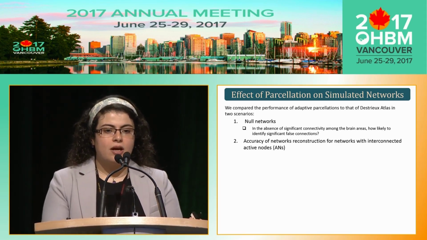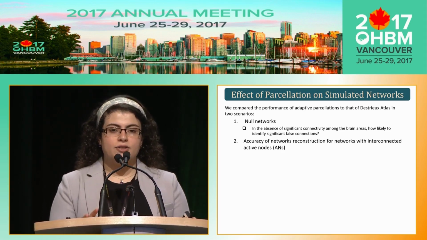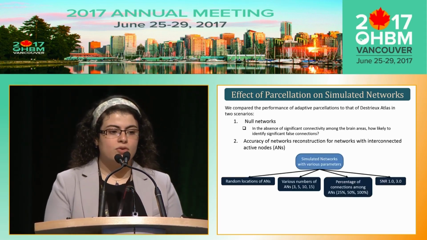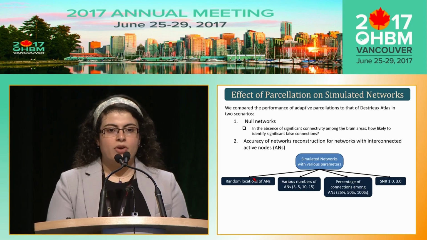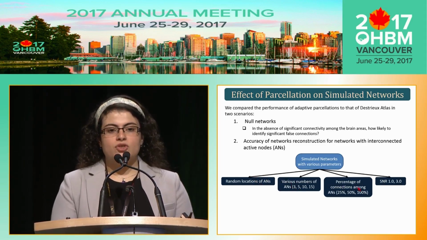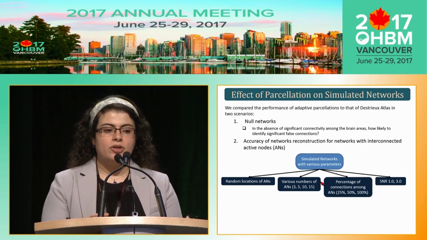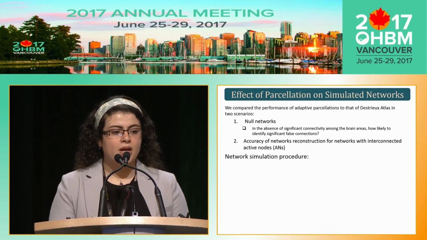In a second set of simulations, we had actually active nodes with connections between the nodes, and we varied the number and locations of the active nodes, the percentage of connections between them, and the SNR of the data, and we wanted to check how accurate each of the parcellations is in detecting these true networks.